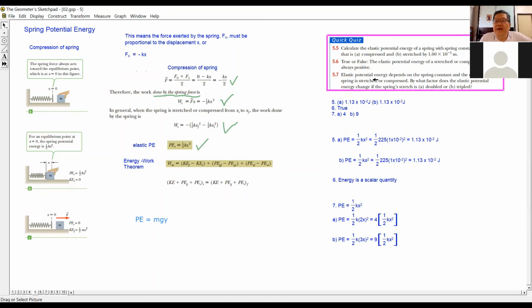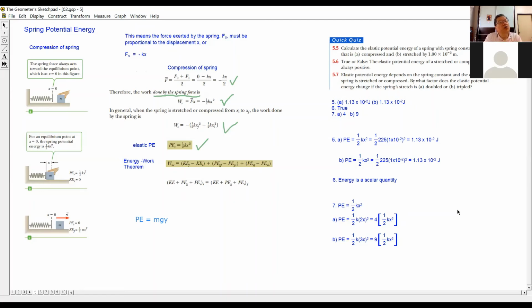Okay, you read the next part, question 5.7. Elastic potential energy depends on spring constant and the distance the spring is stretched or compressed. By what factor does the elastic potential energy change if the spring stretch is A doubled or B tripled? Okay, so now what they are trying to say is, let's say I stretch the spring over a distance of x, this has a certain amount of energy.